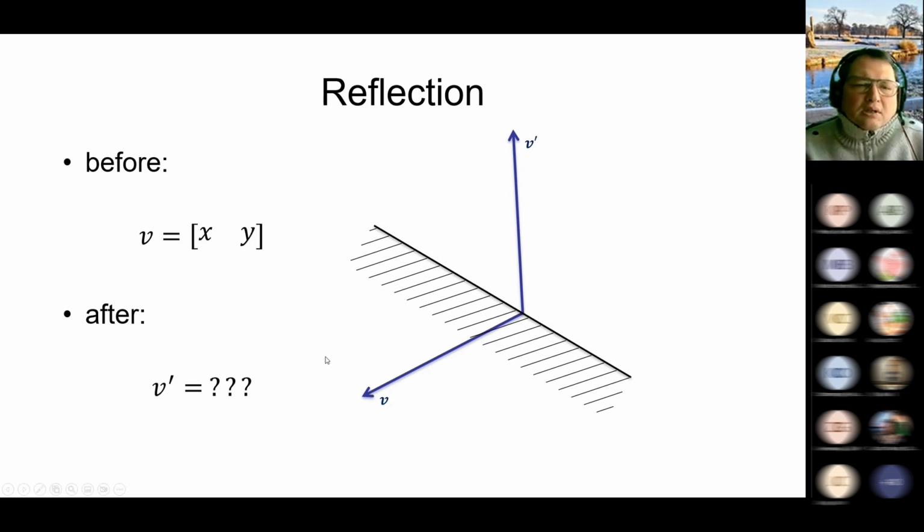Okay, so how do we know what is the final velocity? Because it's still a reflection. It is still something that is symmetric across the borderline between the object and the exterior of this object. So this dashed line here will always be perpendicular to the surface of the wall.